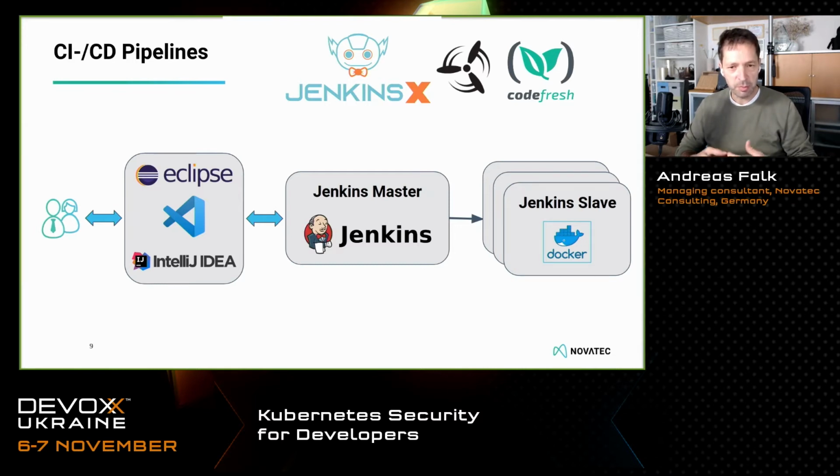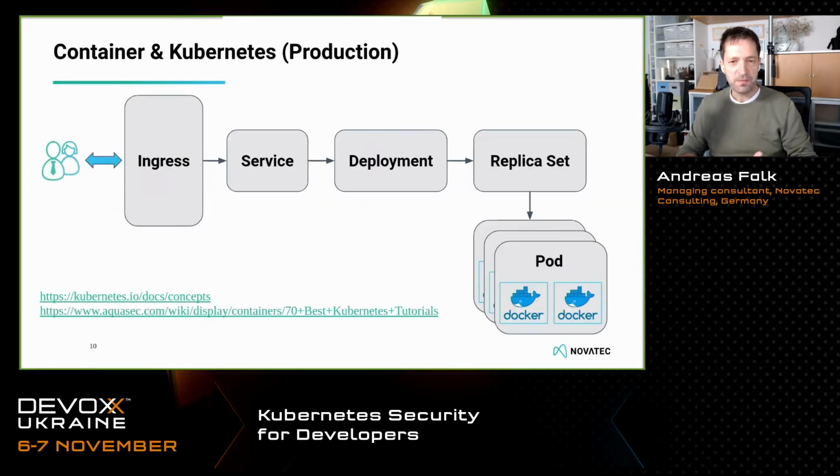So for every build step, they just use Docker containers for isolated builds. So that makes it also very easy to build CI/CD pipelines nowadays. So these are all development and testing stages where containers originally have been used.